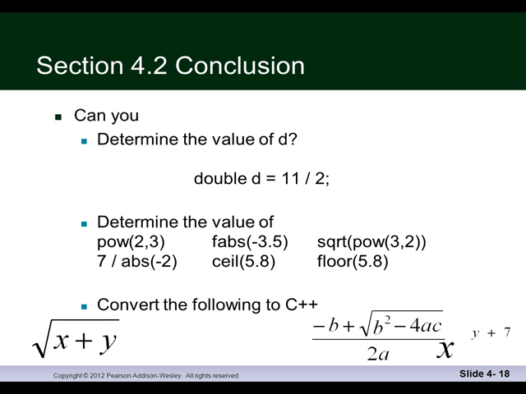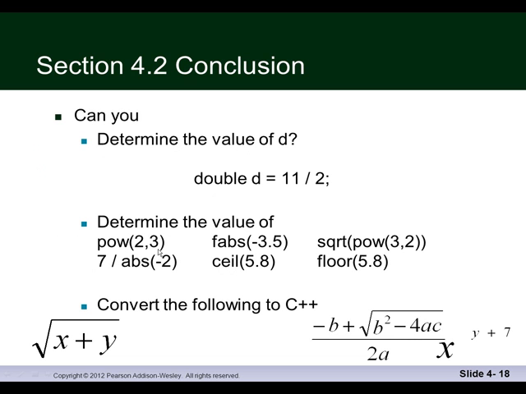We did this. So 11 divided by 2 is 5. POW 2 to the power of 3. 8.